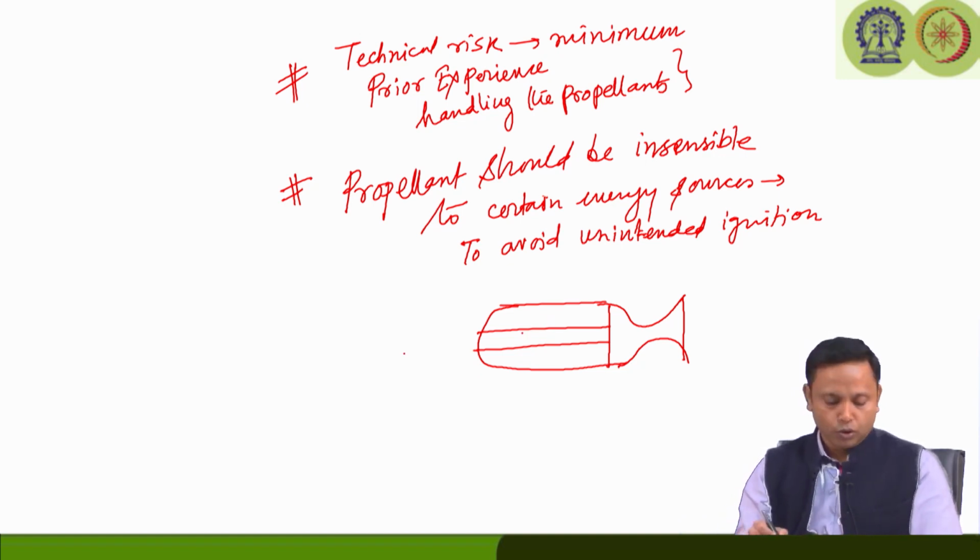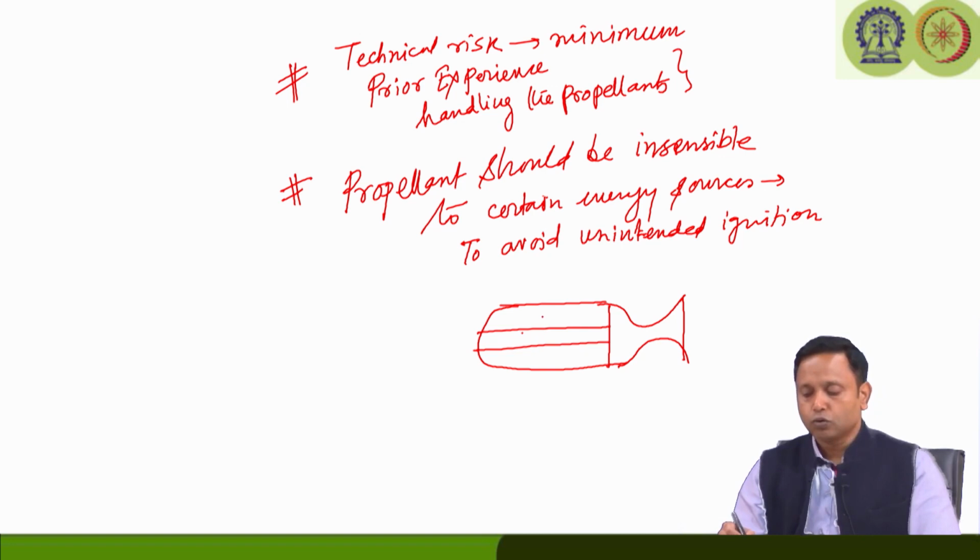So, due to that it may cause some kind of energy absorption into the grain. So, that should not lead to ignition. There may be some stray currents, there may be some impact like dropping of some materials on the propellant, there may be bullet penetration also.